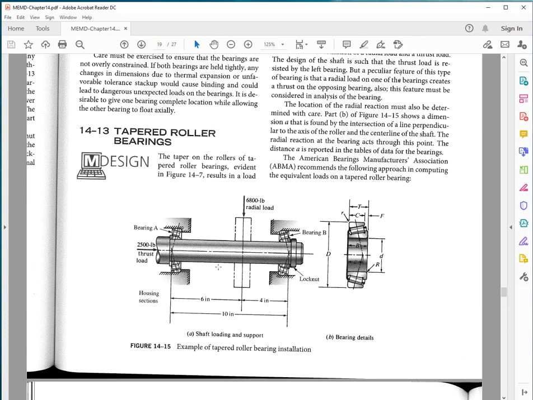Okay, so taper roller bearings, you can assemble them on shafts like it's shown here. So the normal to the races intersects the axis of rotation of the shaft. Somehow, the 2 intersecting points are away from each other.